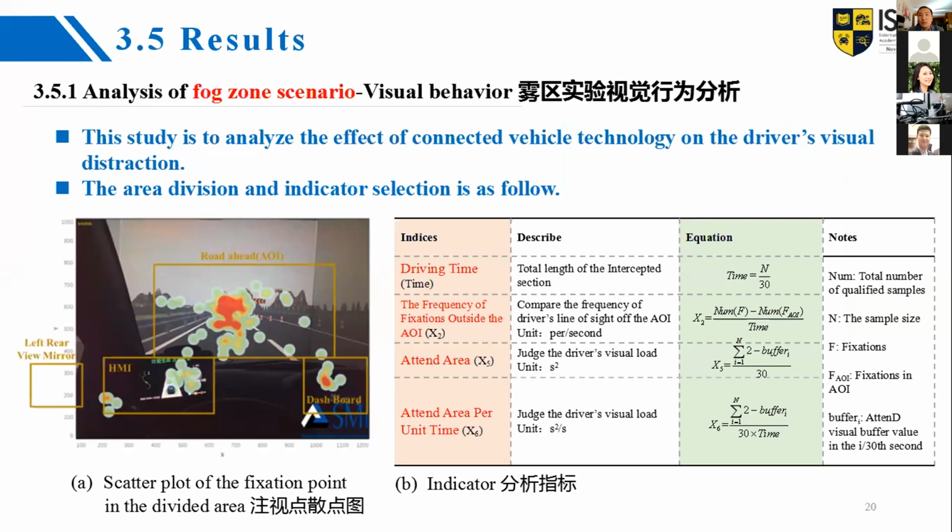As shown in the red table, 4 indicators are selected, which are driving time, the frequency of fixation outside the area of interest, attended area, and attended area per unit time.